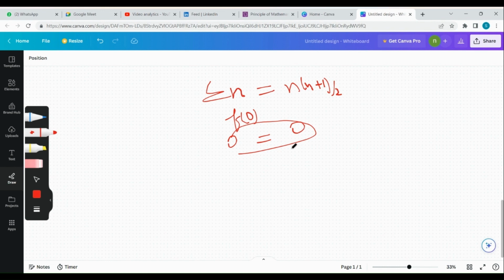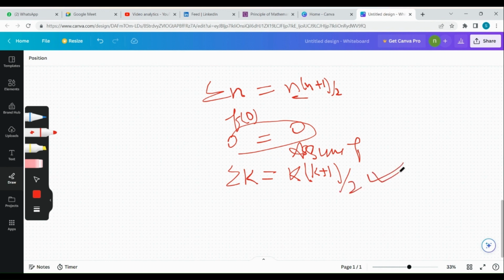Now moving on to the next step, we will assume that f of k is true, right? That is, the summation of k, so we replace n with k, is k into k plus 1 by 2. We assume it, I'm stressing again, in the induction hypothesis.